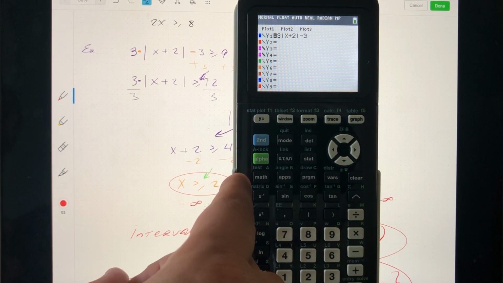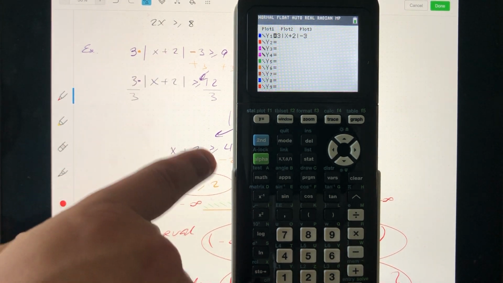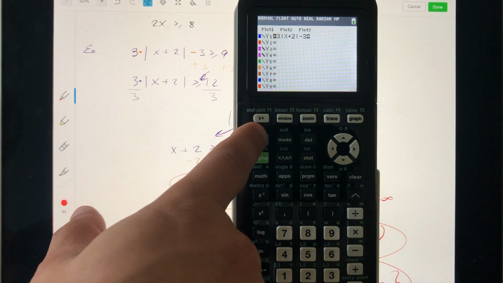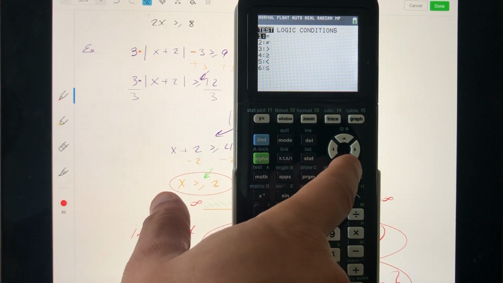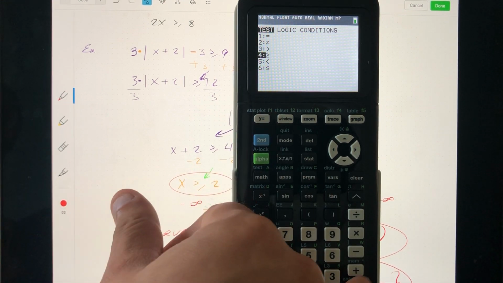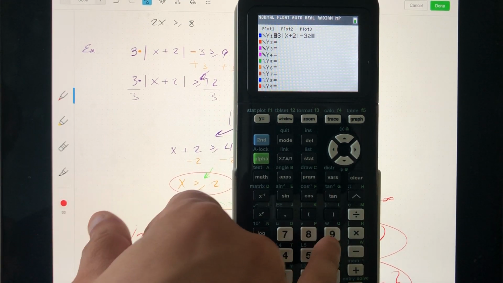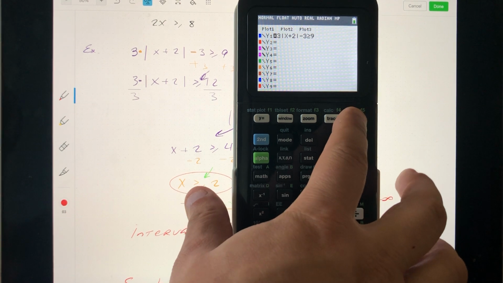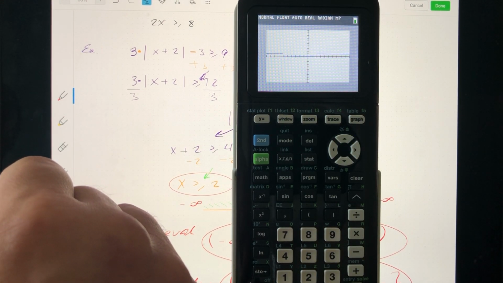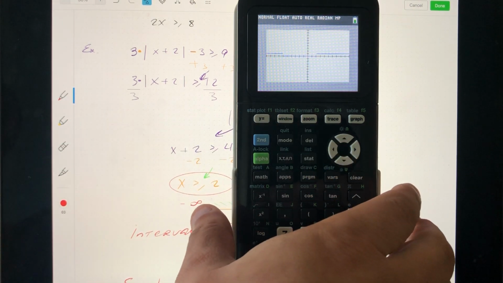Now to put the greater or equal to symbol, I need to go to the math test. Test is in blue, so I hit second math, and the greater or equal to symbol is choice number 4, so we put in greater or equal to 9. So let's see what that is. So that's true, false, true, and that's what the answer is.